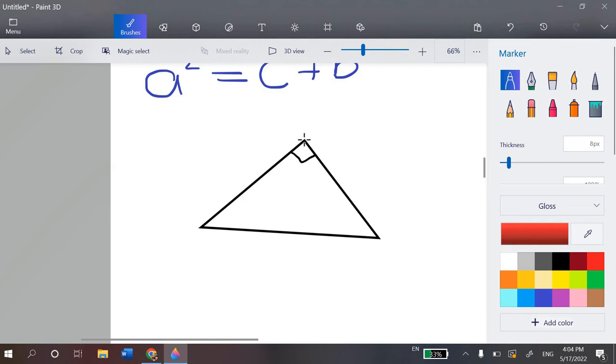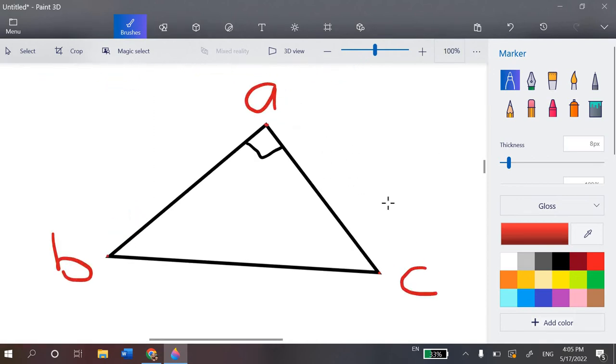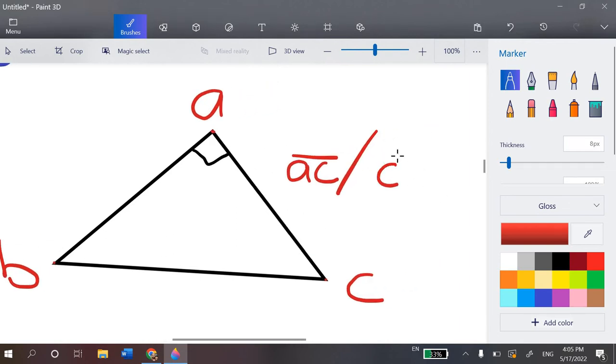We're going to name it a little bit differently this time: A, B, and C. When we name it like this, we have to remember that this side here can either be called AC or CA. Remember the way to name these sides.